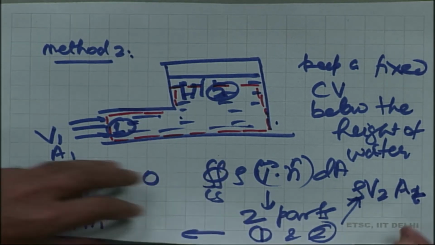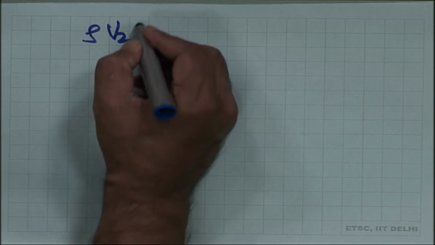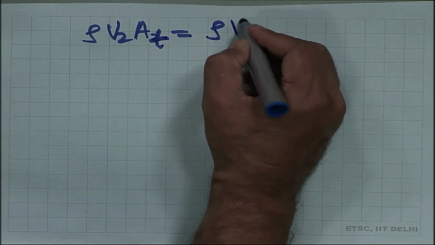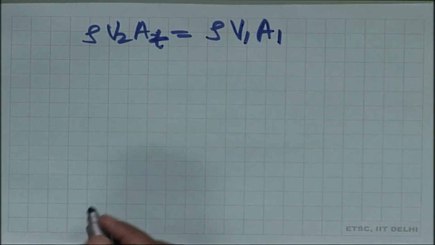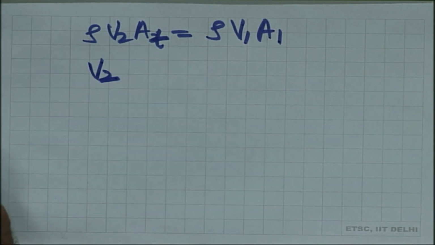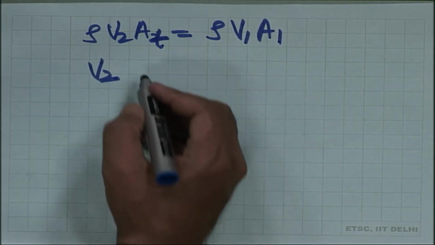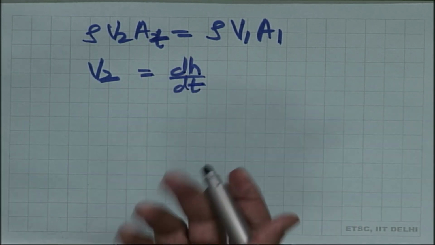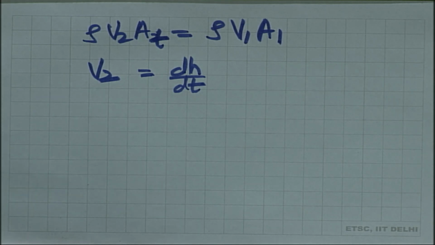So, we get rho V 2 A tank is equal to rho V 1 A 1. And we know V 2, the velocity of this interface 2, is nothing but dH by dt, and we get the same result as before, but by using a different notation.